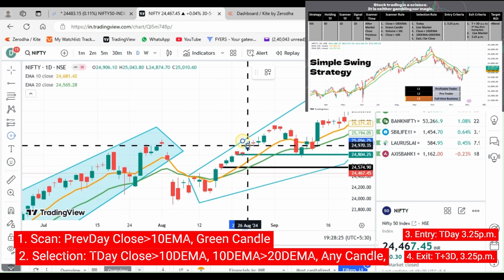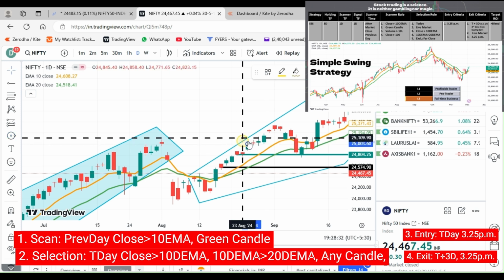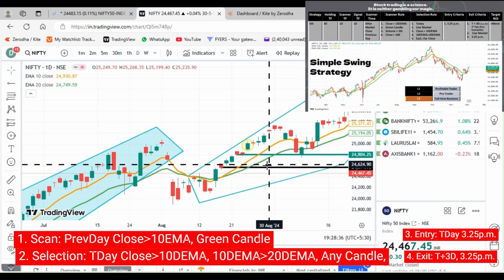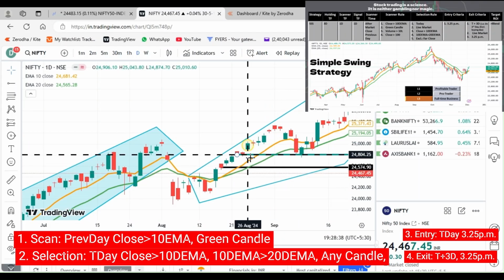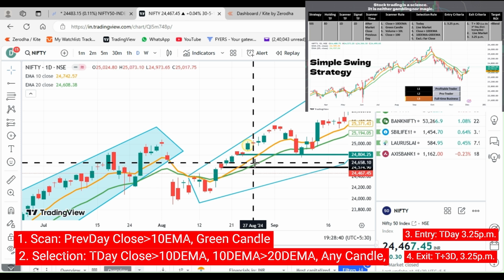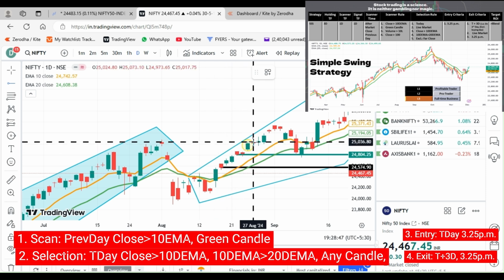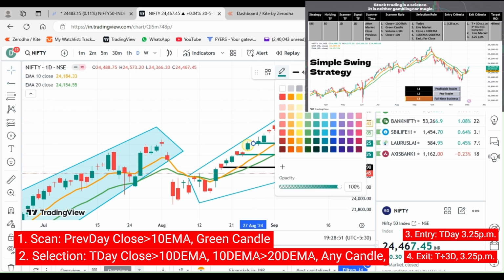So selection criteria on the next day is at the closer, the stock is again above the 10 DEMA line and the 10 DEMA line is above the 20 DEMA line. So I will again enter next day, that is on 27th of August at the closer time at closing price, that is at this price. I'll mark this again in black. So this is my second trade entry. Now second trade exit is straightforward.